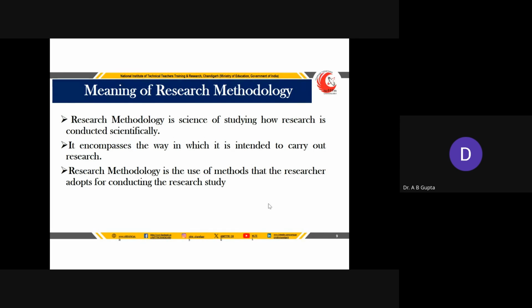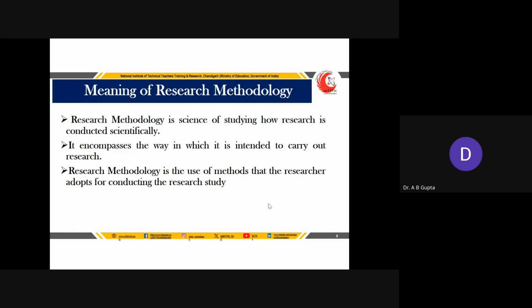Research methodology is the science of studying how to carry out research scientifically and systematically. Methodology is the way you are conducting the research in a systematic manner. So here the focus is on how you are conducting the research.